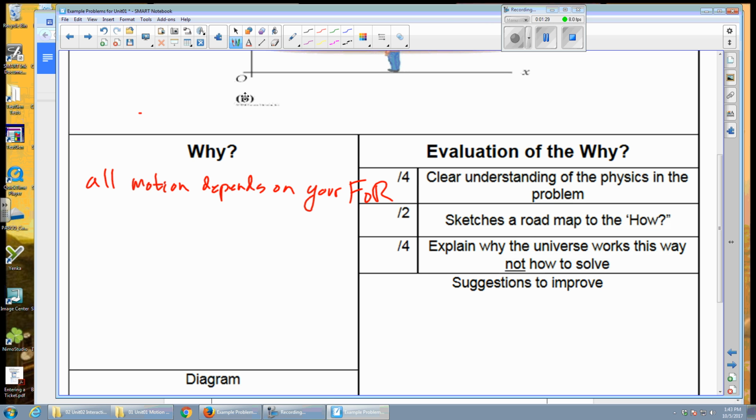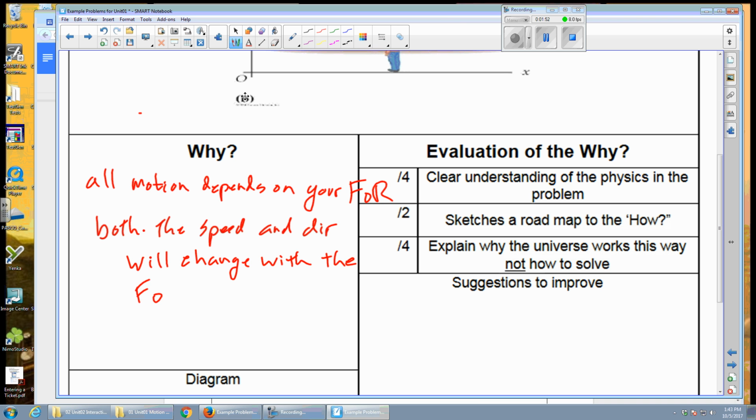And then go on to saying both the speed and direction will change with the frame of reference. Does that make sense? I haven't really tied it into this problem, though.